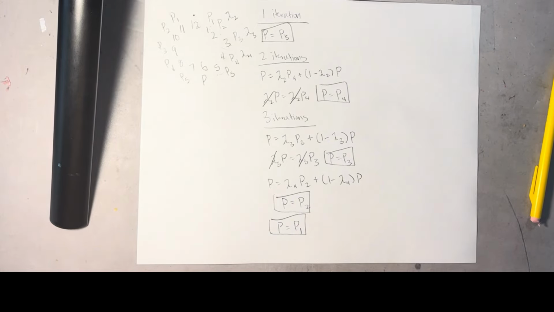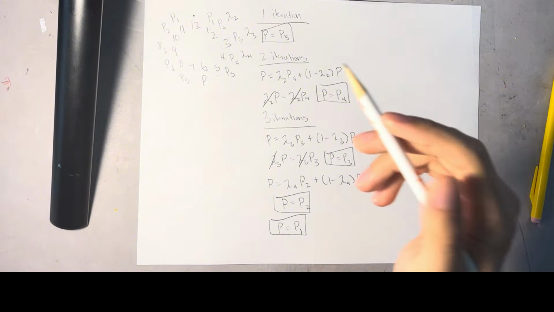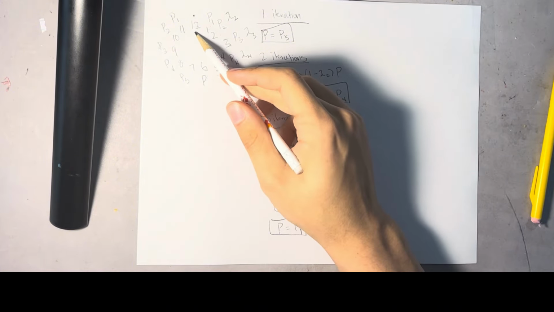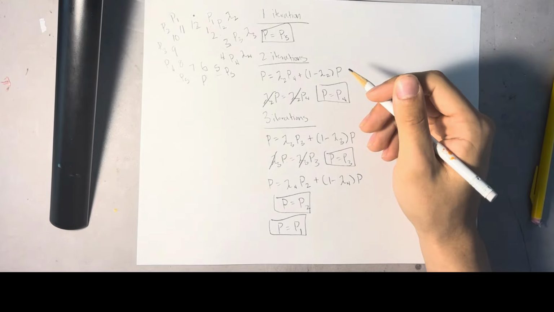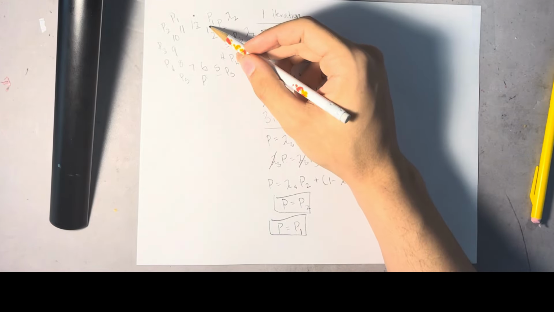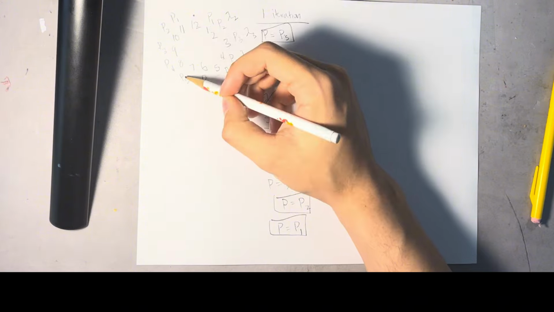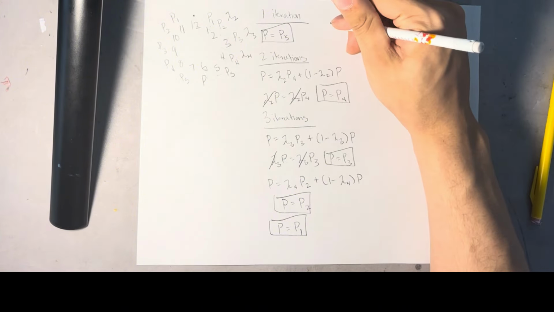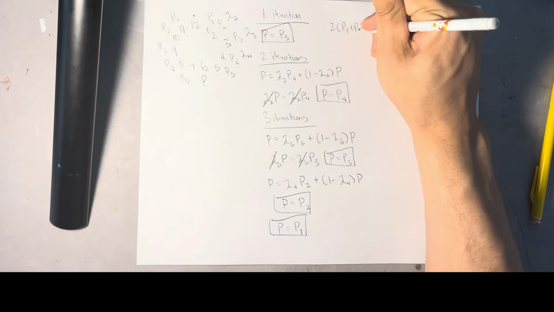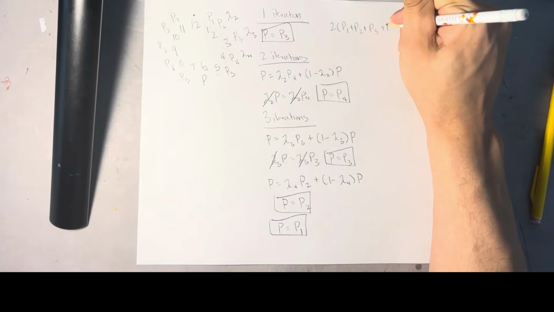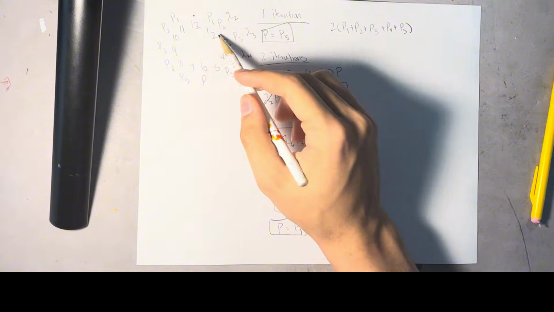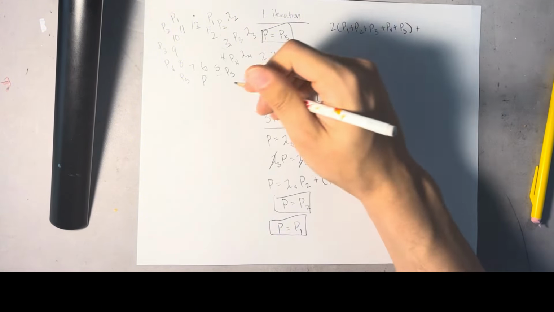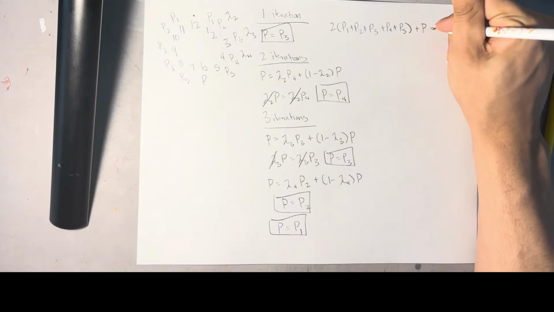Okay, so we know that the ladybug has to reach somewhere last, but we know for sure that it cannot reach 12 last because it started at 12. So we could say that the probabilities that it reaches any number last, which is 2 times p1 plus p2 plus p3 plus p4 plus p5, and the 2 is because there's 2 of each number here, plus the probability that it reaches 6 last, which is p, is equal to 1.